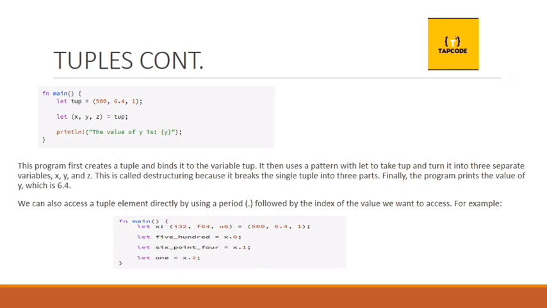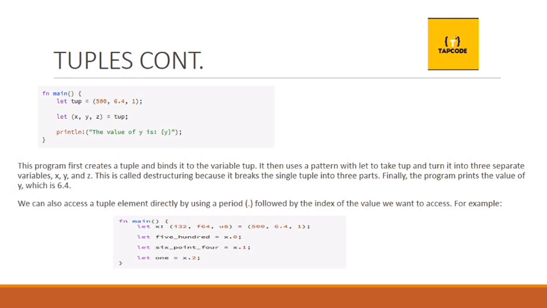Now from my last slide, this program first creates a tuple and binds it to the variable tup. It then uses a pattern with let to take tup and turn it into 3 separate variables, x, y, and z. Like I gave this tuple, let tup equals, in parentheses, 500, 6.4, 1. And I said let (x, y, z) equals tup. So I've assigned the first value to x.